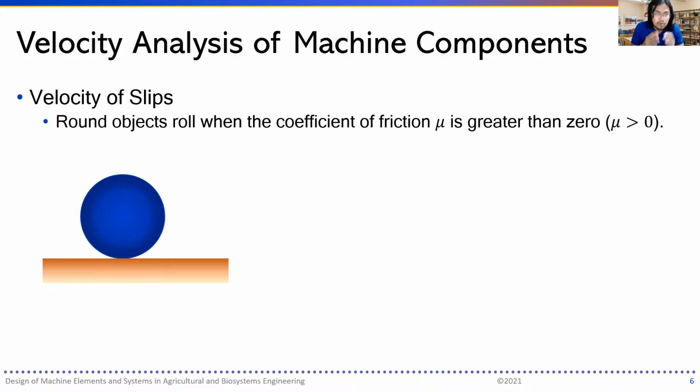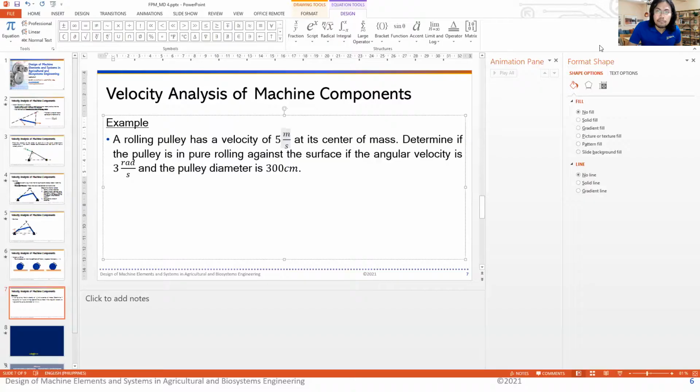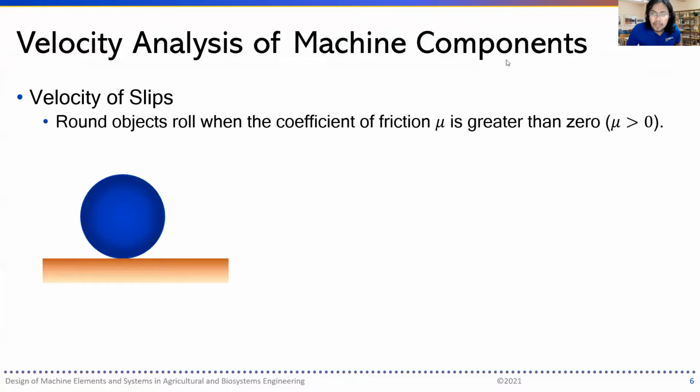Round objects roll when the coefficient of friction mu is greater than 0. That's the condition for the rolling to happen. We're going to talk about slippage, which is far more important in pulleys in the case of mechanisms, and also cams.